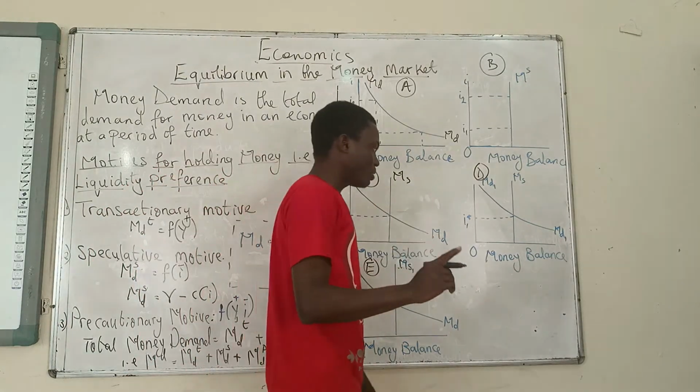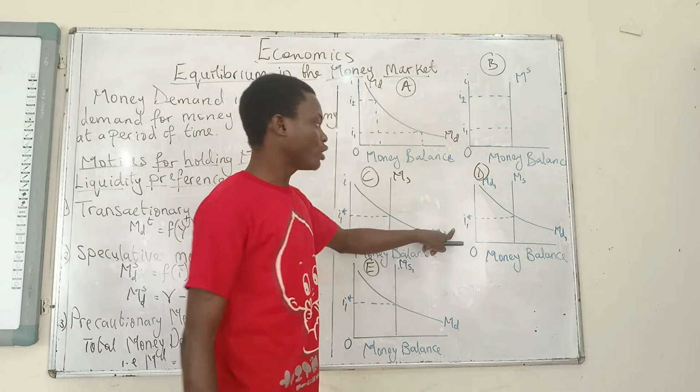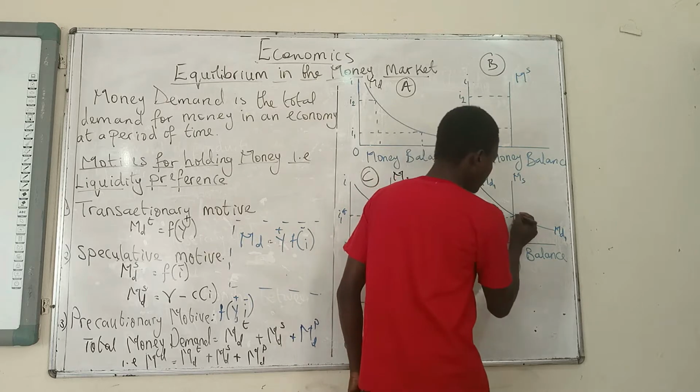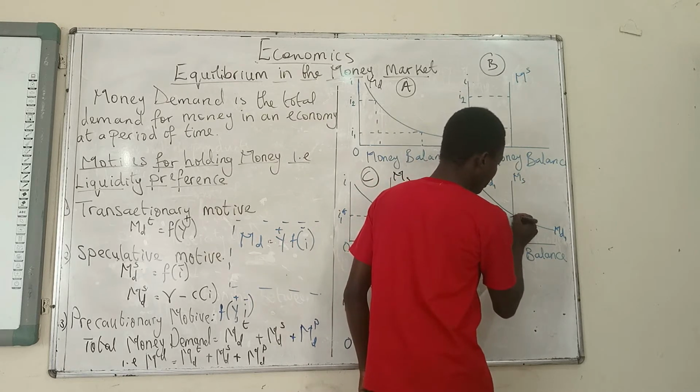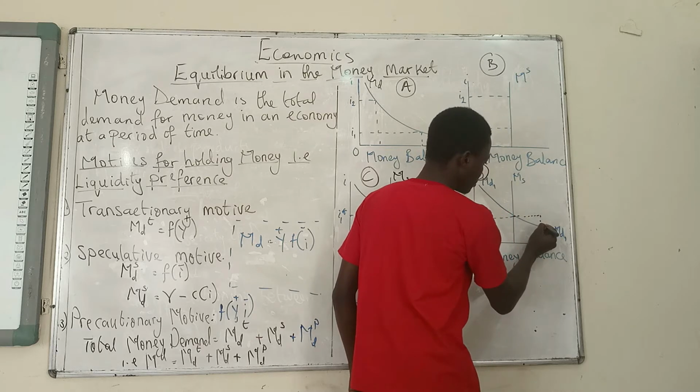So there's an increase in money demand, which is not as a result of a change in the equilibrium interest rate. How do we state an increase in money demand? That's going to be something like this. There's an increase here.